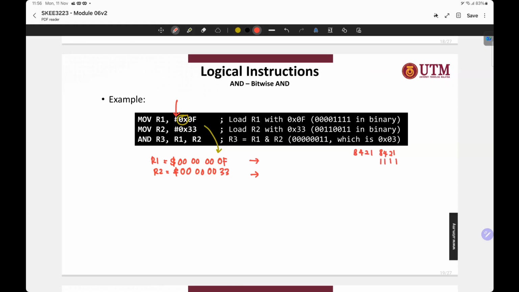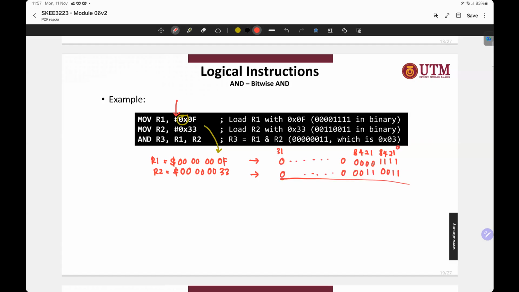So this is a 15. 0 is 0 0 0 0. And 33 is 1 plus 2, and 8 and 4 you will get 0, and this also 1 1 0 0. Here you will have more 0s until bit 31. This is bit 31 and this is bit 0.